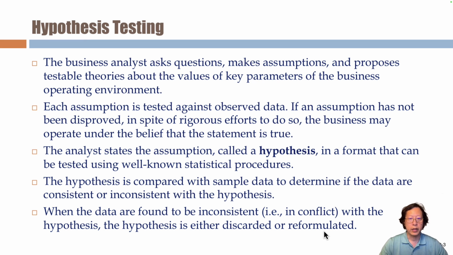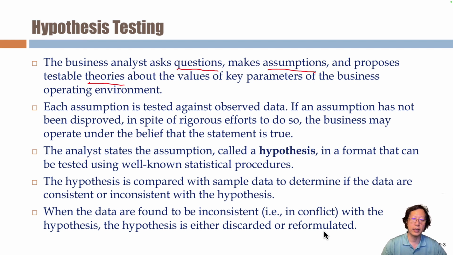So in hypothesis testing, there's some question, then some assumption and the theory. Now we collect some evidence, which is the sampling, and then we check whether our theory is true or not.